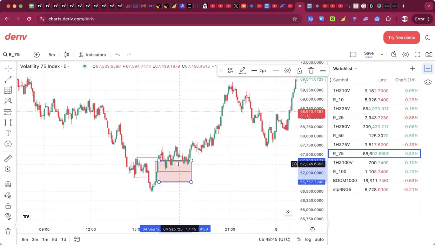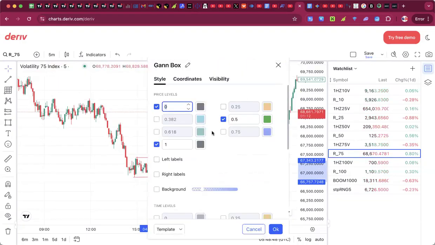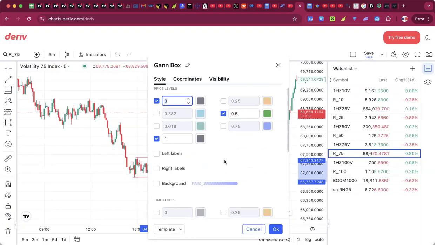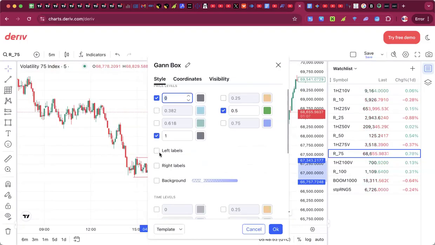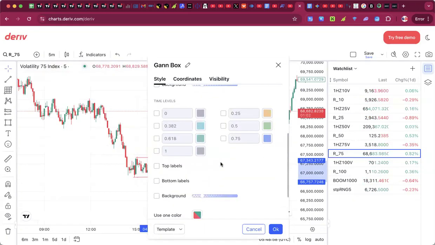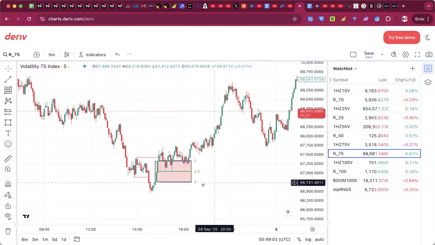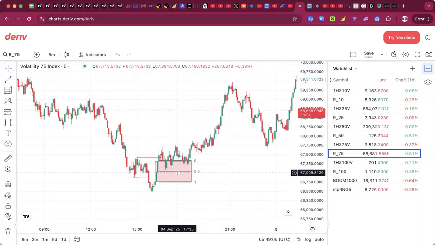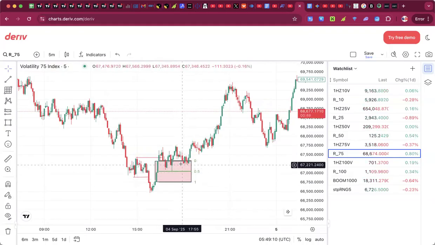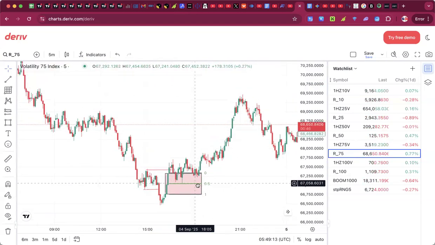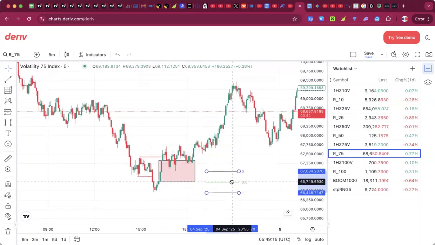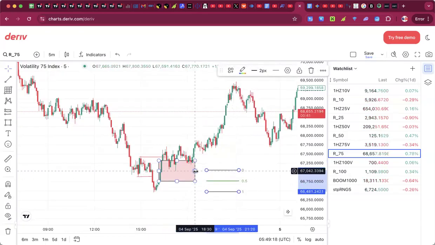Perhaps let's keep the label. I think we need the label. Right or left? Right. Put it on the right. Okay. Excuse me.